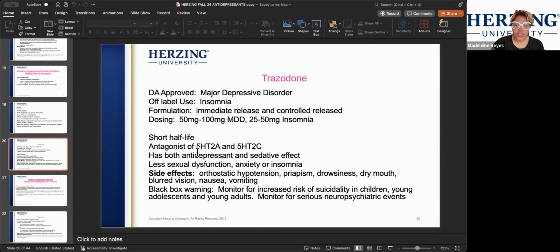Less sexual dysfunction, anxiety, or insomnia. Side effects: orthostatic hypotension, priapism, drowsiness, dry mouth, blurred vision, nausea, and vomiting. Again, black box warning for young adults and teenagers and children.